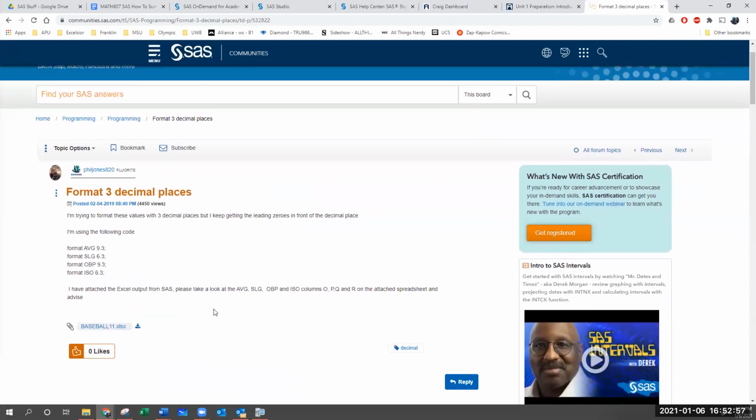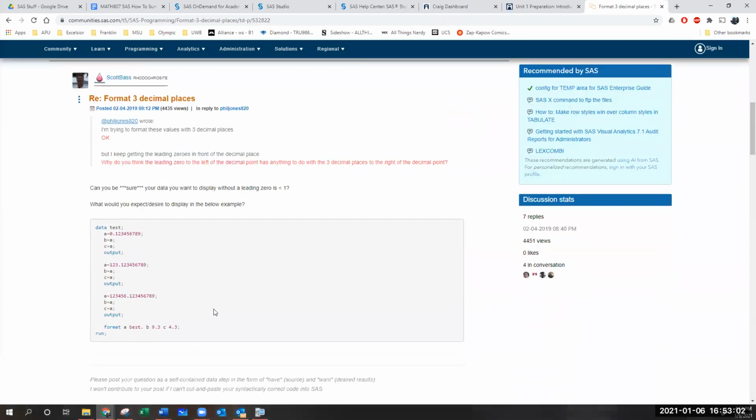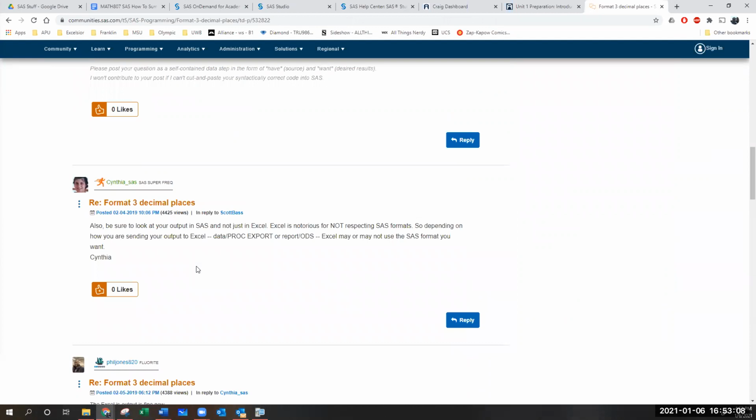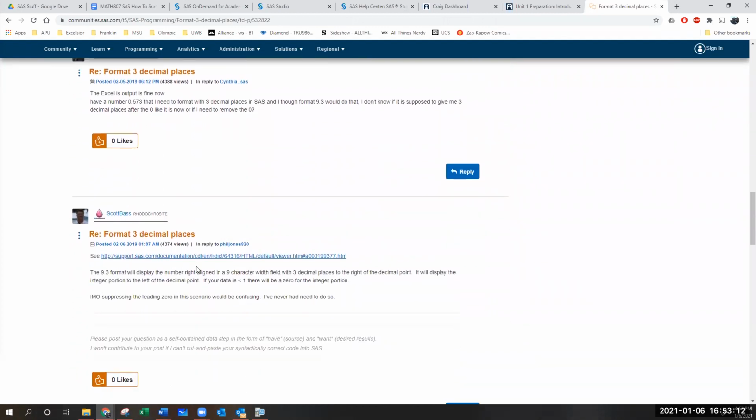Following code, I'm trying to, and then what you expect to display, proc export. And then it looks like this probably would help us.